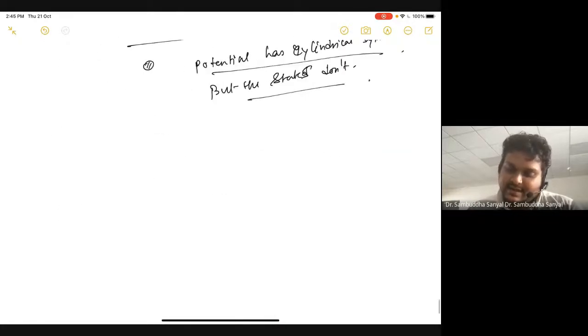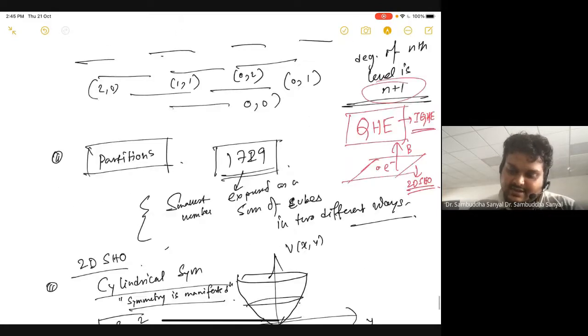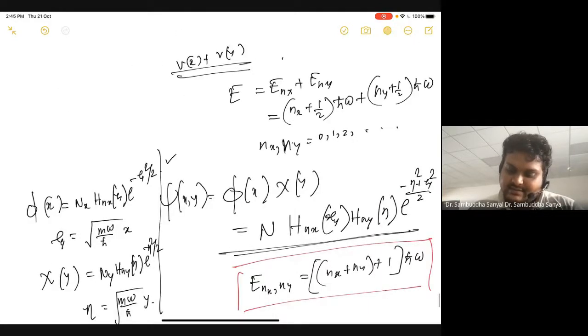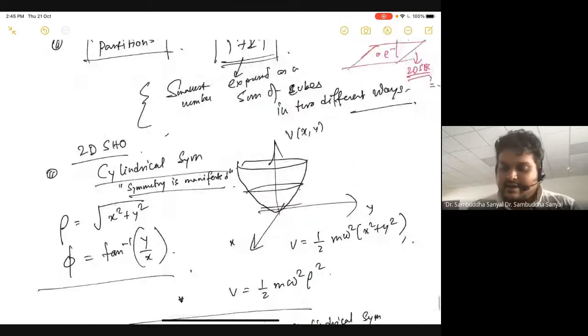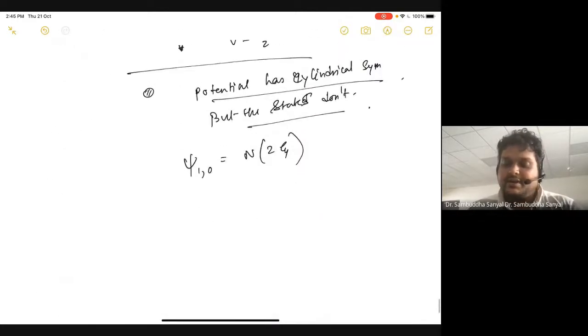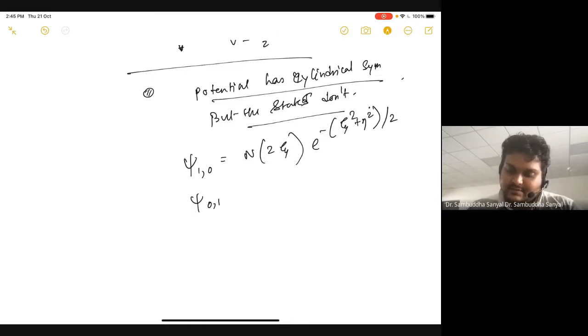So let's just rewrite it once more. I'm just rewriting this solution for psi 1 0 and psi 0 1. I'm trying to show you how you can recover the symmetry in a convenient way. So psi 1 0 is proportional to 2 xi e to the power minus (xi squared plus eta squared)/2, and psi 0 1 is proportional to 2 eta times the same exponential.